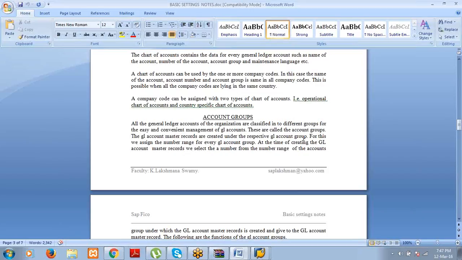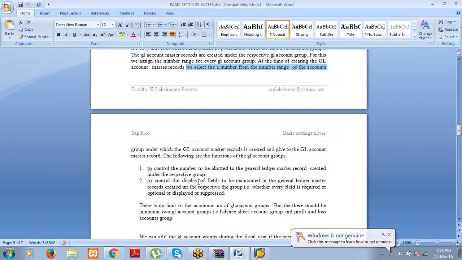Also, every GL account is identified with a number, right? So that's why we assign the number range for every GL account group. Number range means from number and to number. At the time of creating the GL account master records, we select the number from the number range of the account group under which the GL account master record is created and give it to the GL account.